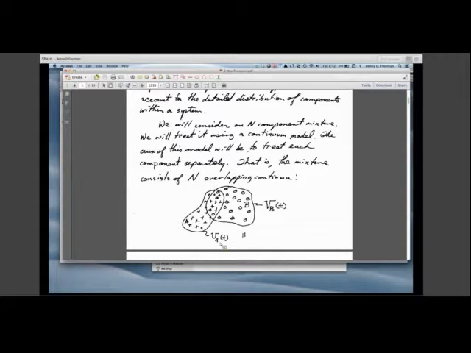It's absolutely and completely permeable to all other components. The B's and C's can come and go as they please, but A is always inside this material volume.